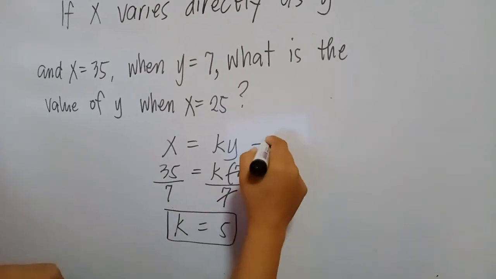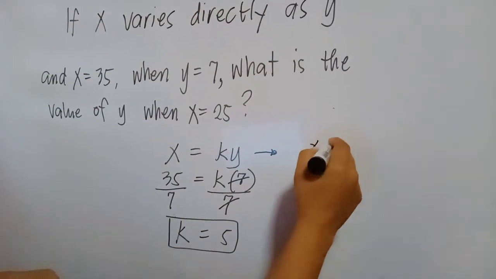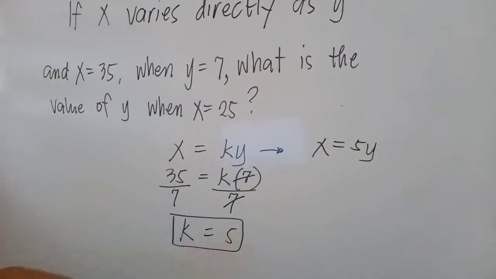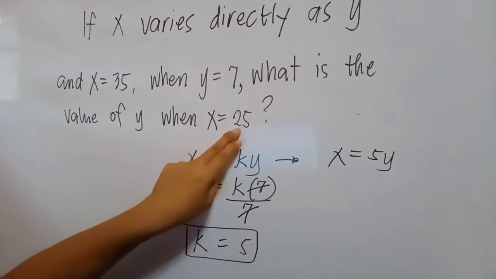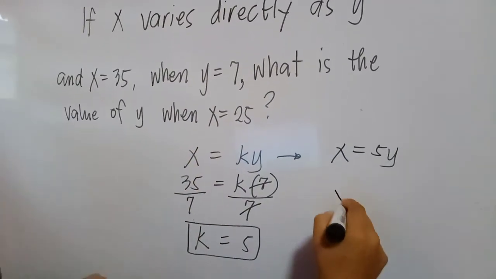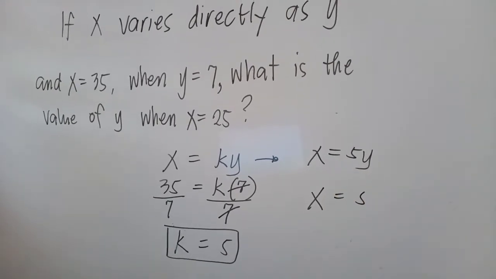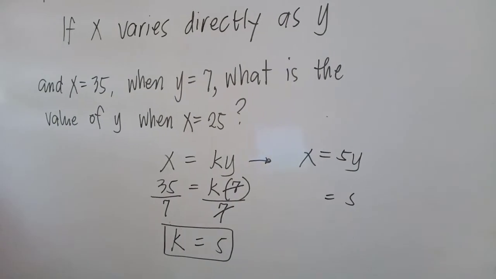And then go back here. So our equation now will be x equals 5y. Now, there is a question. What is the value of y when x equals 25? So we will just substitute x with 25.